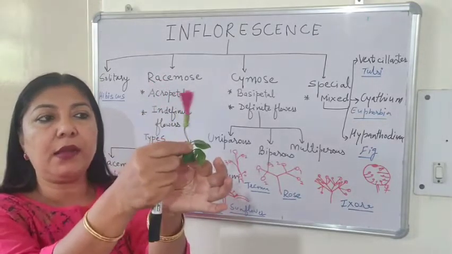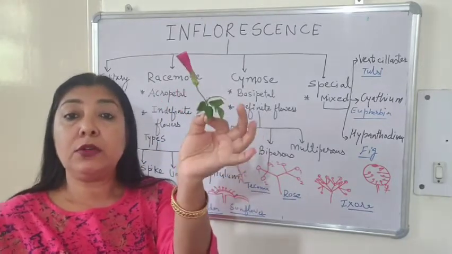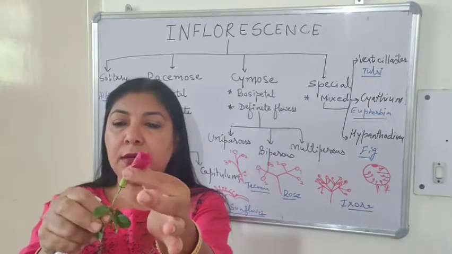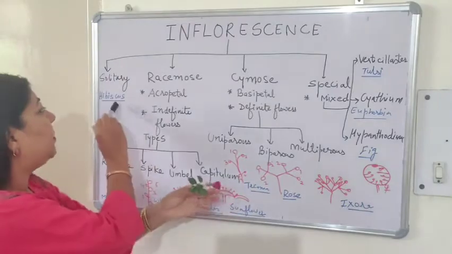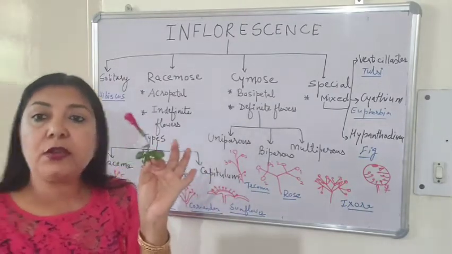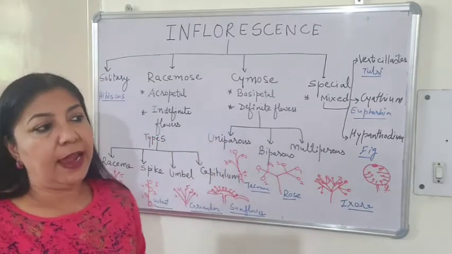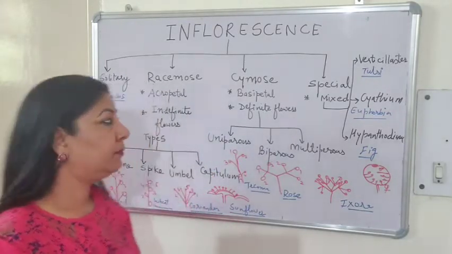On one peduncle, only one flower is there. So that is called solitary inflorescence. Which flower is this? This is China rose, that is hibiscus. So hibiscus shows solitary inflorescence. Likewise, poppy flower also shows solitary inflorescence.